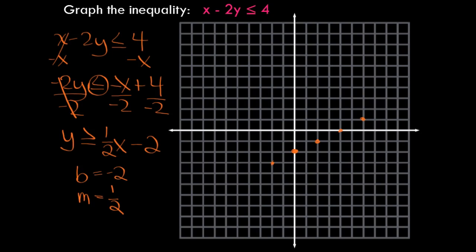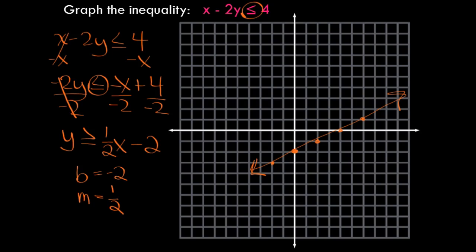Alright, so this time when I'm thinking about whether it's a solid line or a dotted line, I look up at the original. It doesn't matter, that didn't change. The inequality sign is an or equals to, so I am including the line here. So that's just a solid line. And now I have to figure out if it's shaded or not.